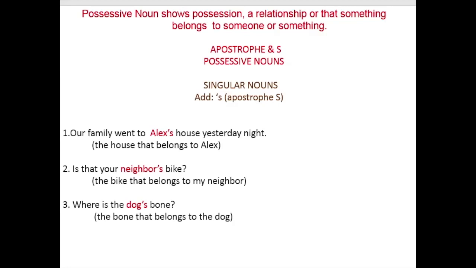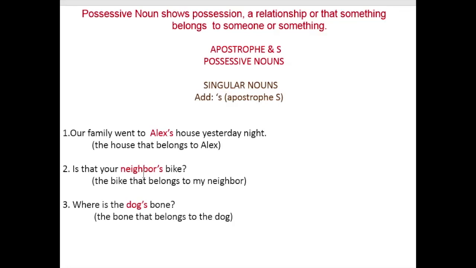Sentence 2. Is that your neighbor's bike? The highlighted word neighbor's tells you that the bike belongs to your neighbor. Sentence 3. Where is the dog's bone? The highlighted word dog's tells you that the bone belongs to the dog.